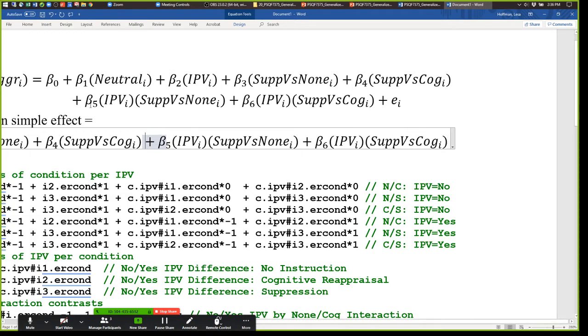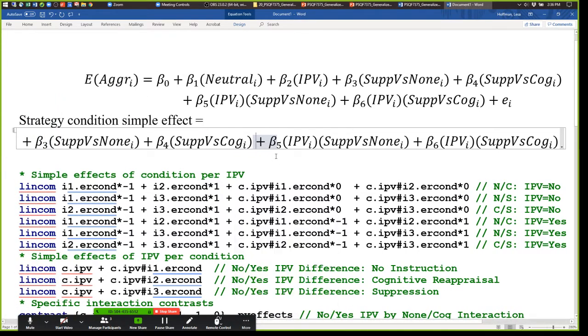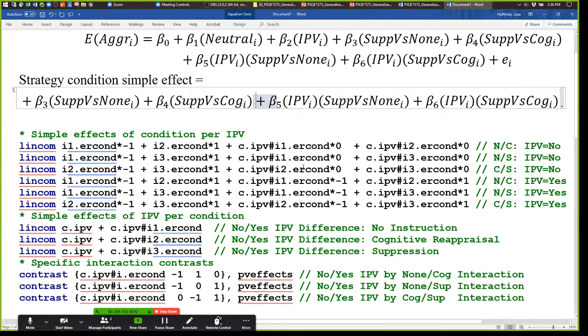Okay. That unit right there is the basis of each of these statements. Those 4 terms show up in every single one of the next 6 lines.